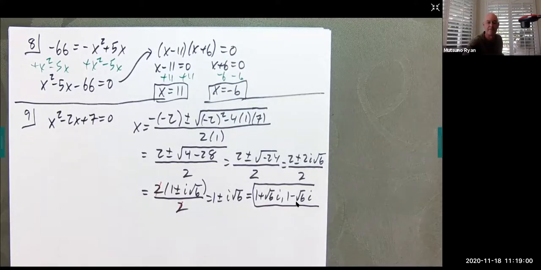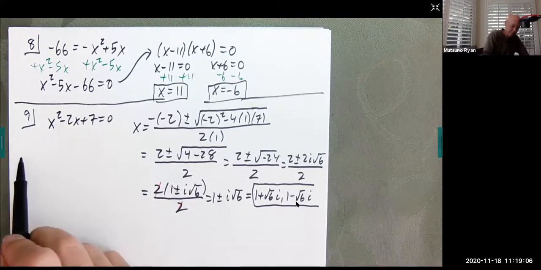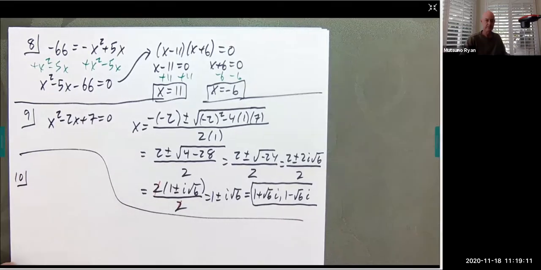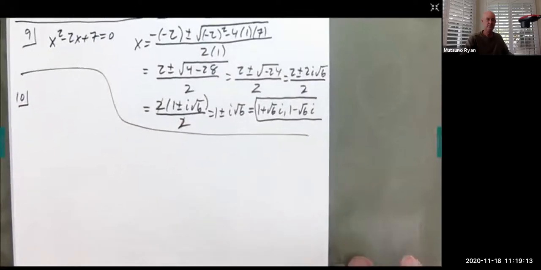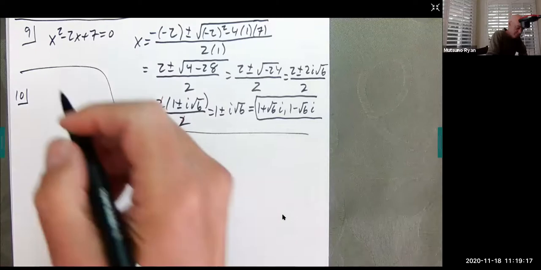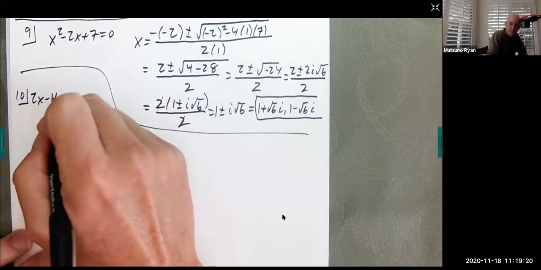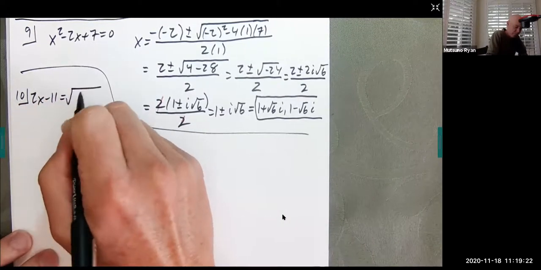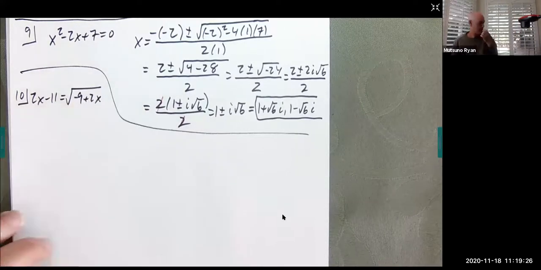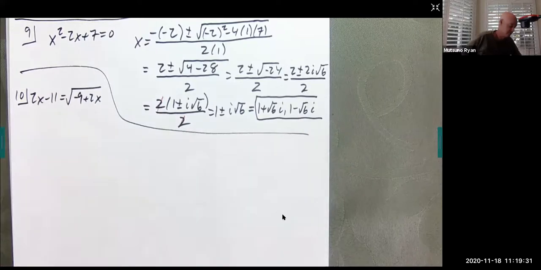All right, number 10. Now here I have a radical by itself, and what I'm going to need to do is square both sides.